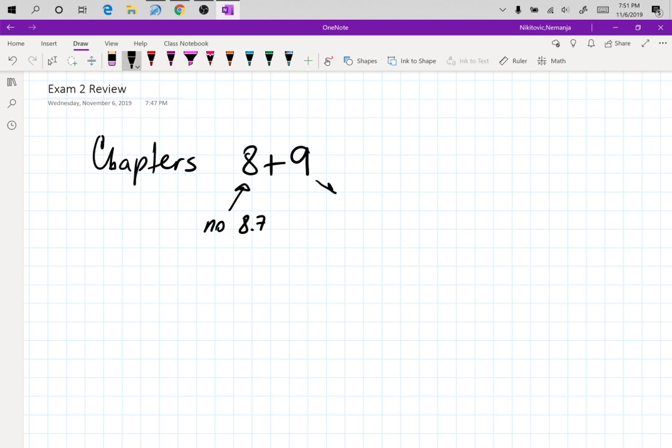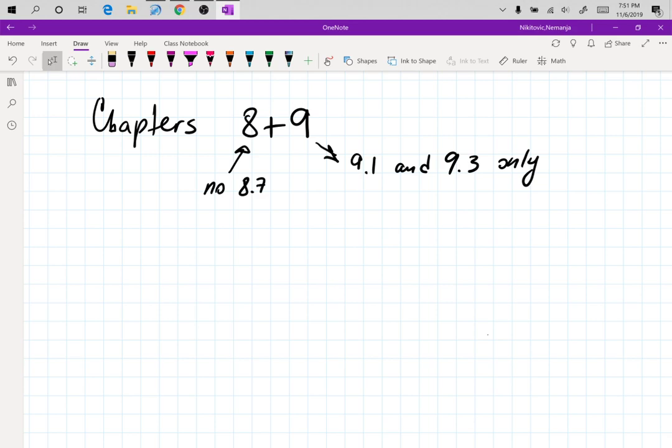And for chapter 9, 9.1 and 9.3 only. That's the deal. So I think you have about 10 sections, something like that. And now so 8 to 10 questions.